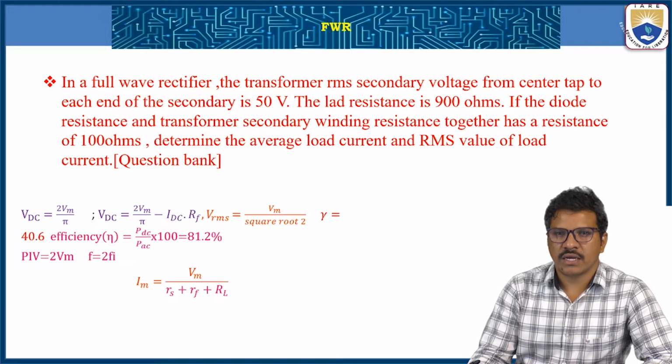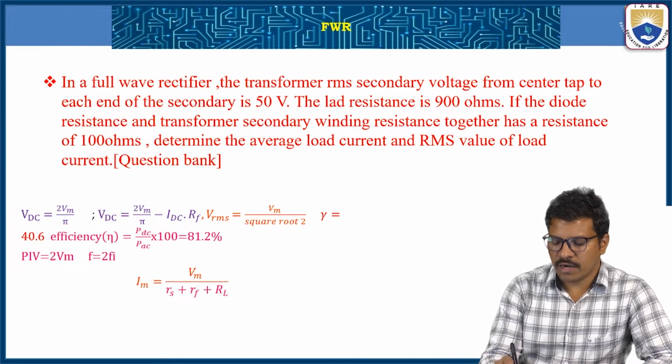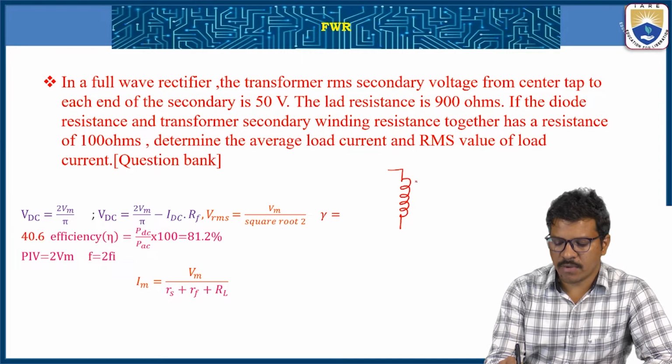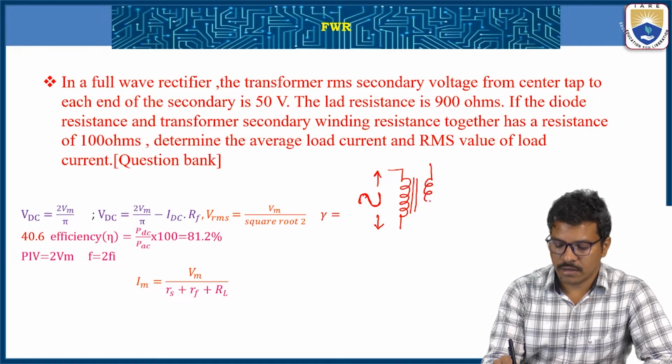As we know, the center tap full wave rectifier has the primary of the transformer with the AC input voltage Vin, and the secondary coil is center tapped.